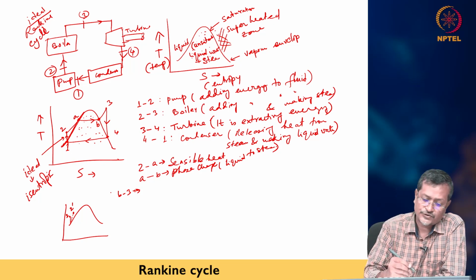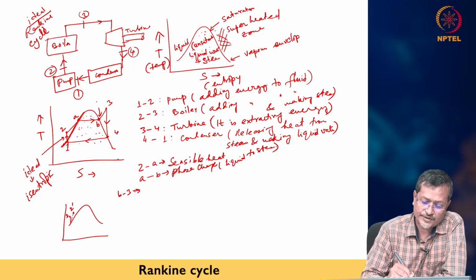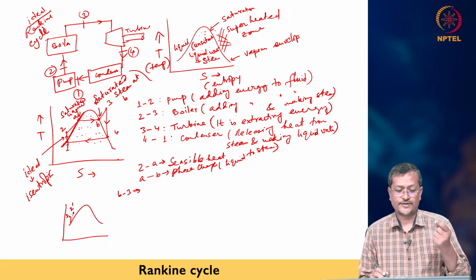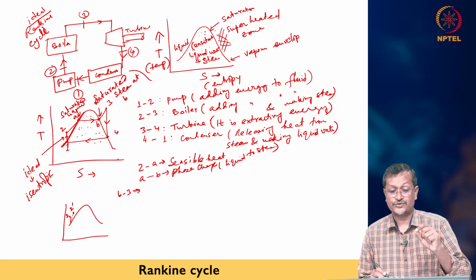At B it is saturated steam. Point A is the saturated liquid point, point B is the saturated steam point.